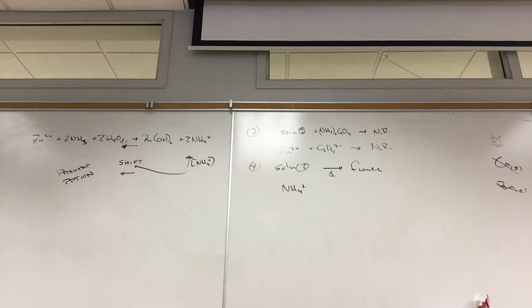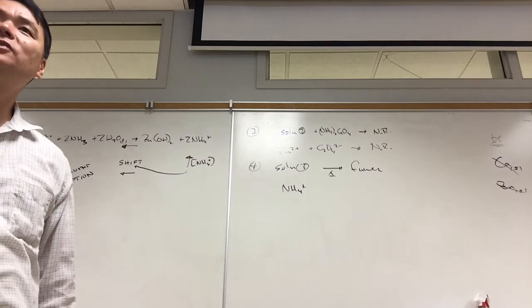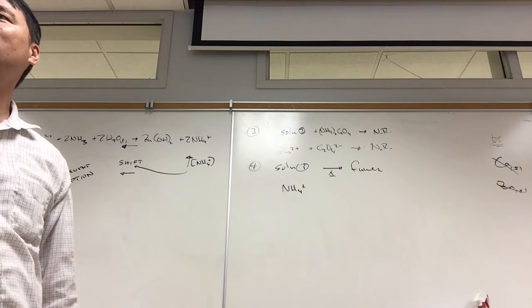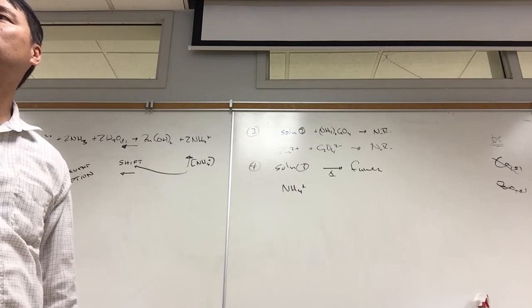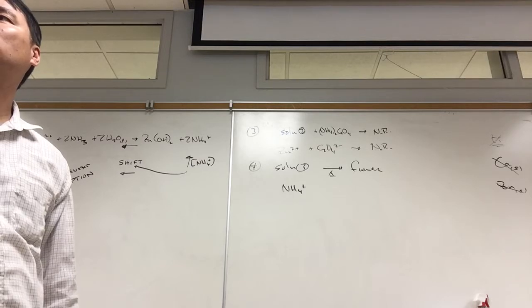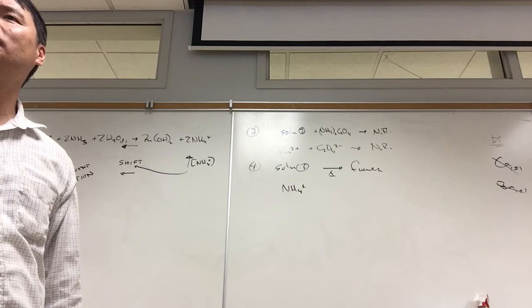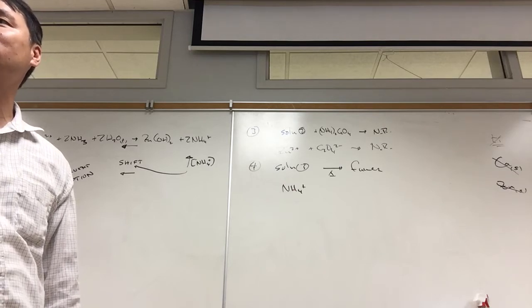I think we're going to add some concentrated nitric acid and some stuff. Do we add it before evaporation or after evaporation? After. We add it and then evaporate it again. Okay, why don't we want ammonium present when we add nitric acid?